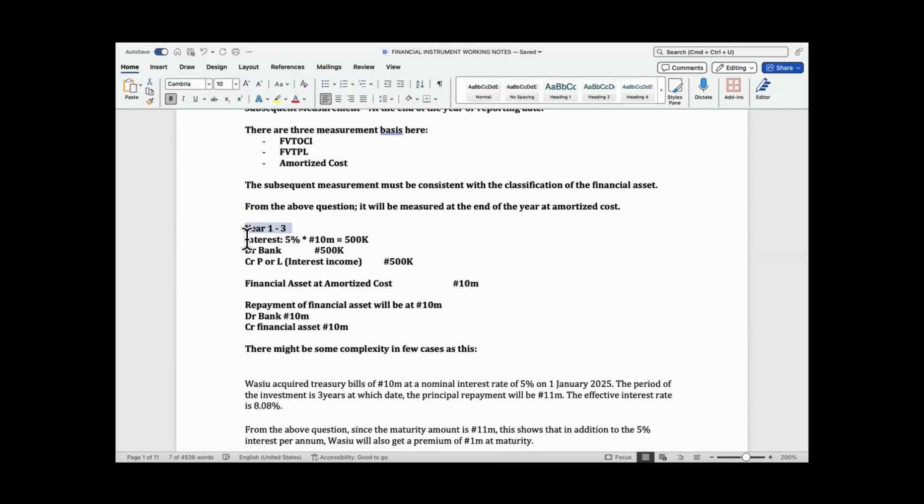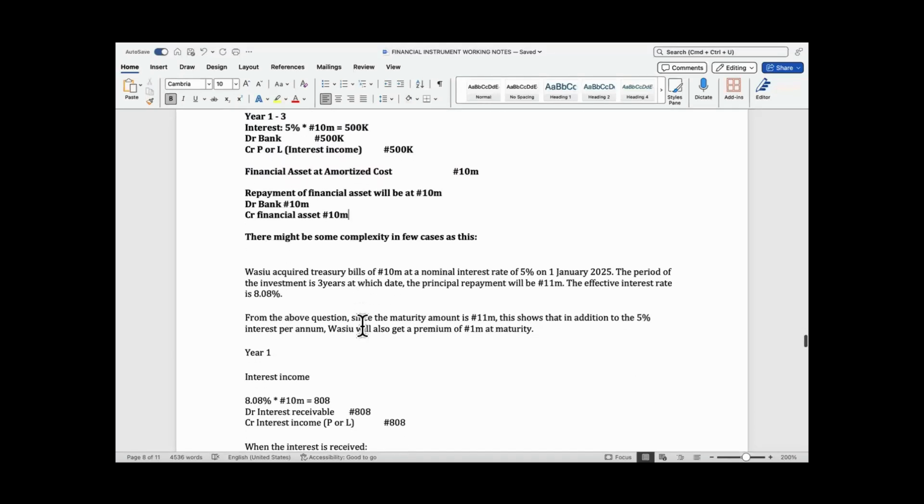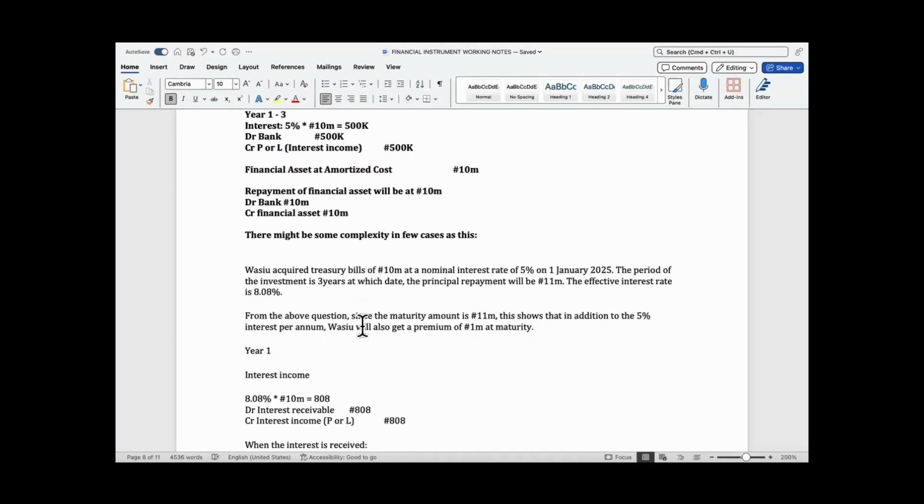You're just recognizing the interest you actually collect, 500,000 every year. Debit bank, credit P&L. And in your statement of financial position, you just describe that investment as financial asset at amortized cost. And after 3 years, they will pay you back your principal, which you debit bank, you credit financial asset, and everything ends there.